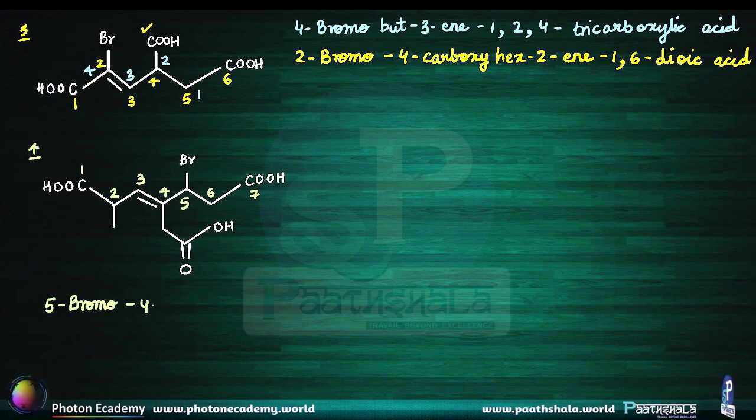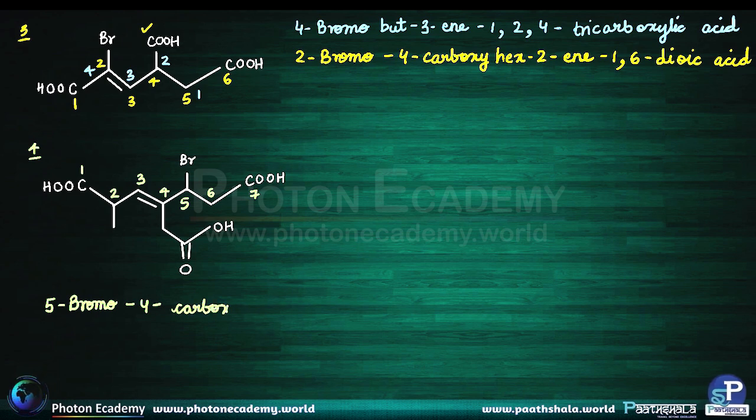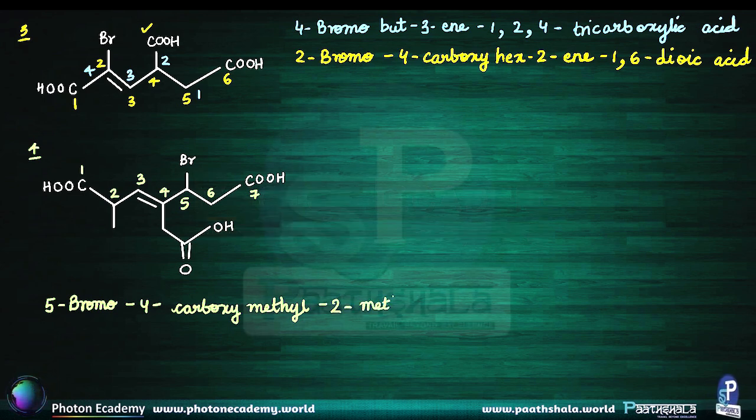4-carboxy, and what carboxy is this? This is methyl. Alright, 4-carboxymethyl. Then at 2 we have methyl again, so 2-methyl, heptene, and then we have 1 and 7, the dioic presence.